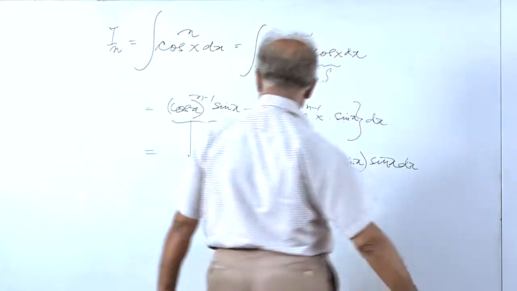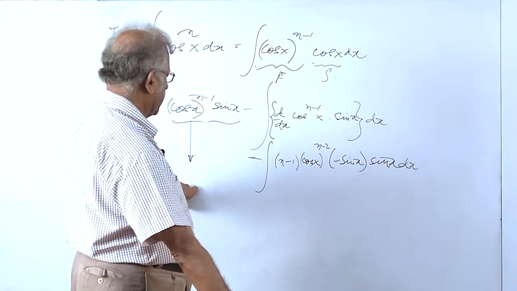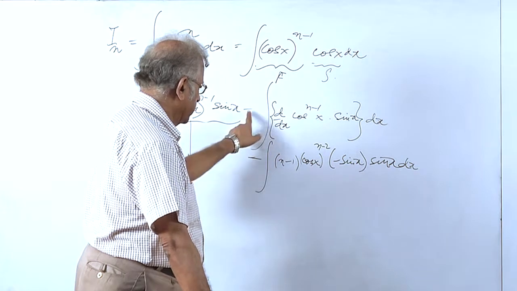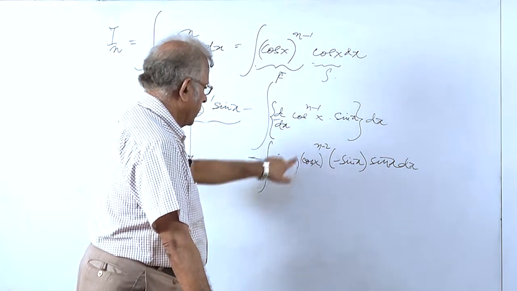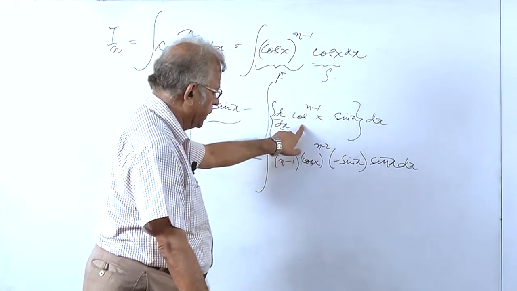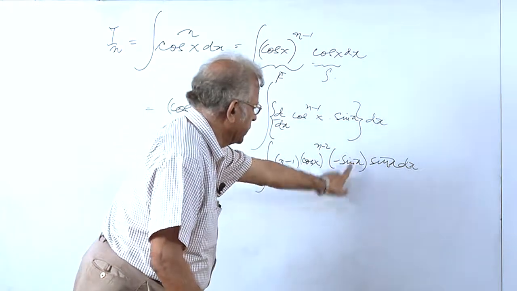There we are. First term drops down. Derivative of this is n minus 1. There is a minus sign here. Cos x to the power of n minus 2, and d/dx of cos x is minus sin x, and this fellow comes out here.